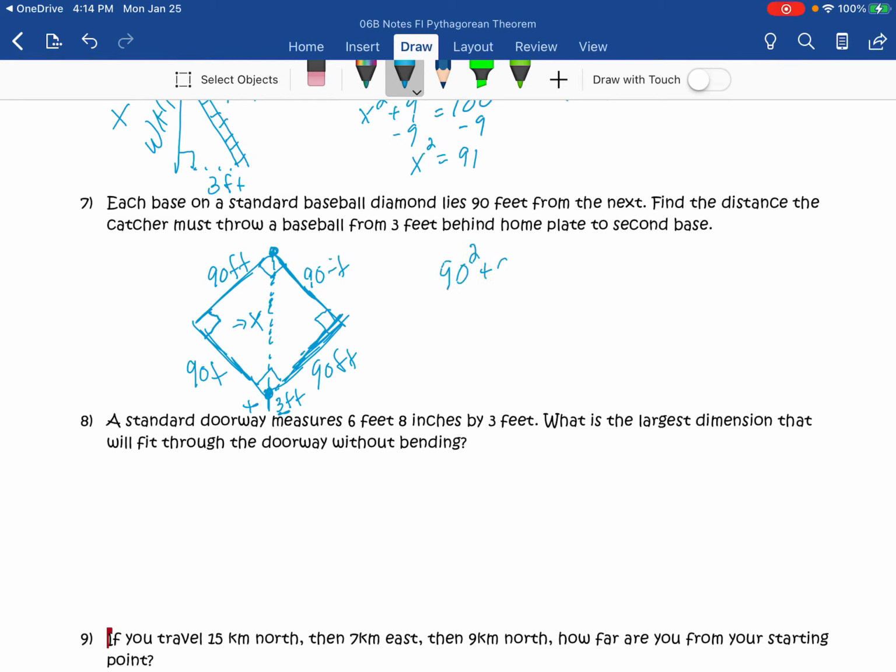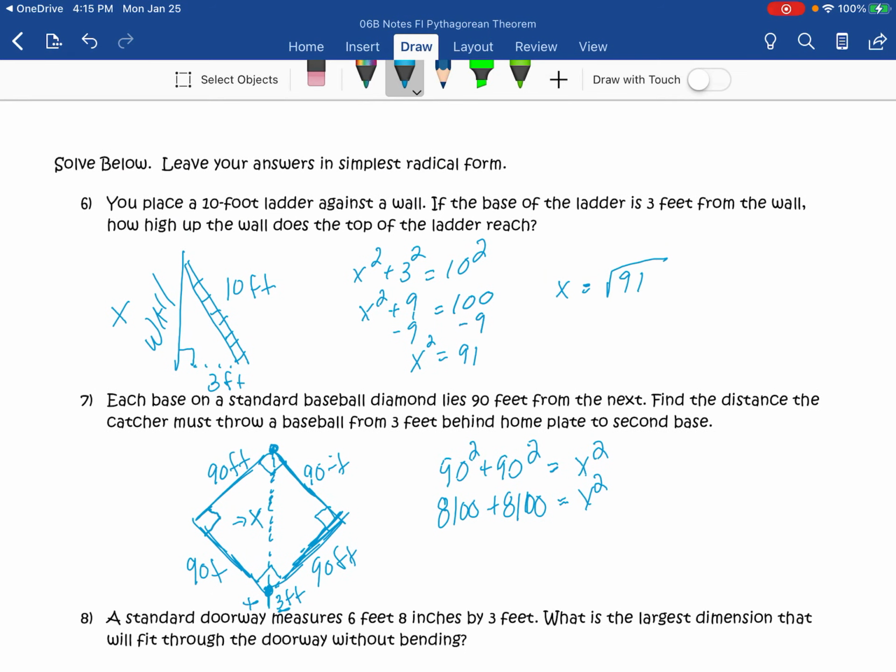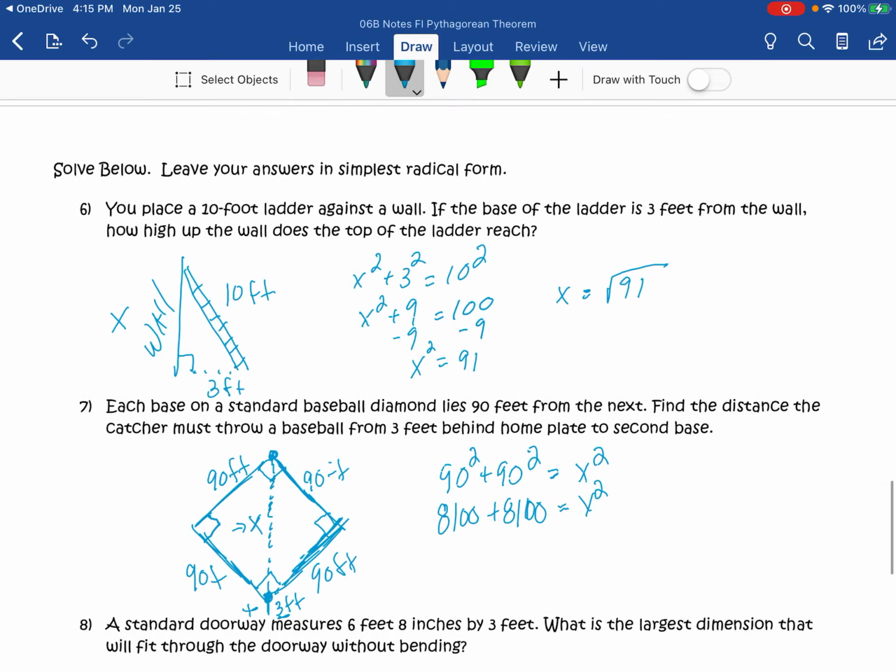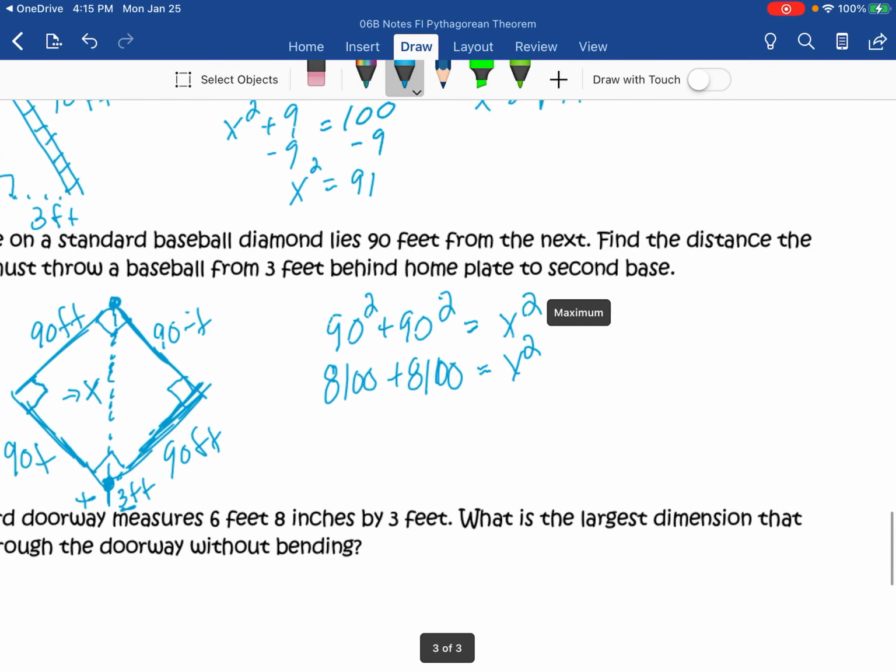We have our right triangle. I know 90 squared plus 90 squared is equal to x squared. 8100 plus 8100 is equal to x squared, which is 16,200.